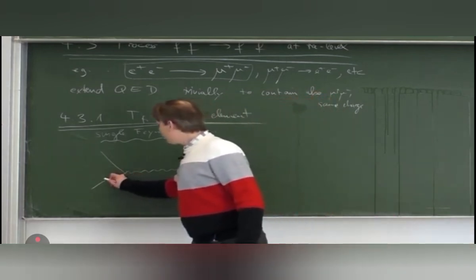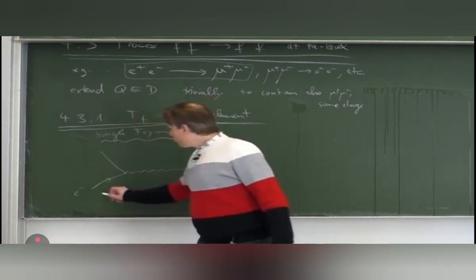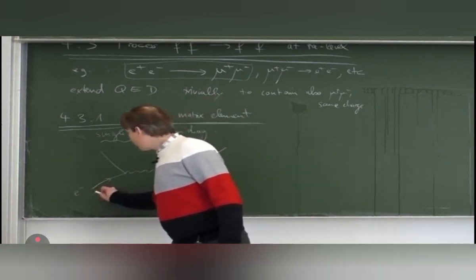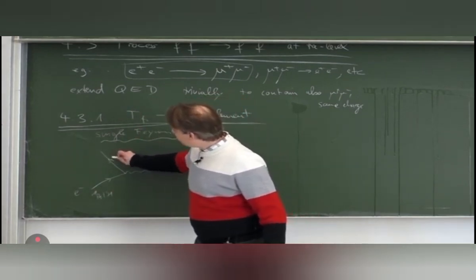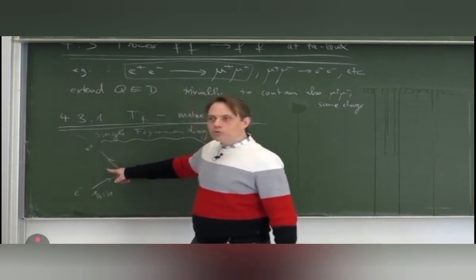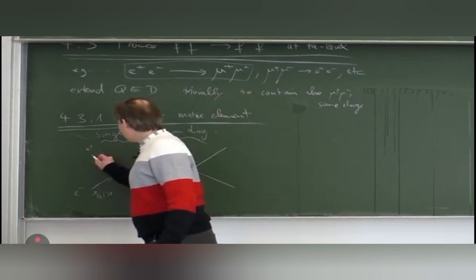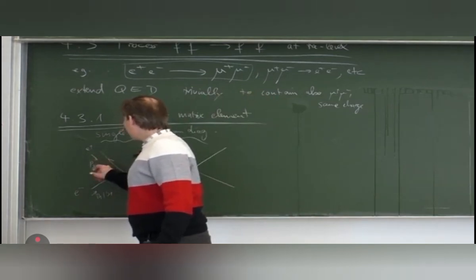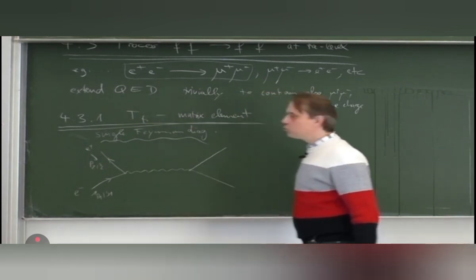So we have here in the initial state an e minus, where we have an incoming momentum p1 and spin s1. Here we have an incoming e plus. The arrow goes in the opposite direction to indicate that it is an e plus particle, but the momentum flows inside into the diagram, and we call the momentum p2 and spin s2.